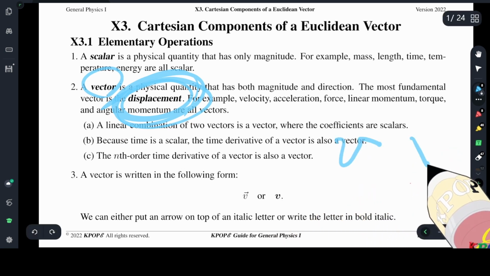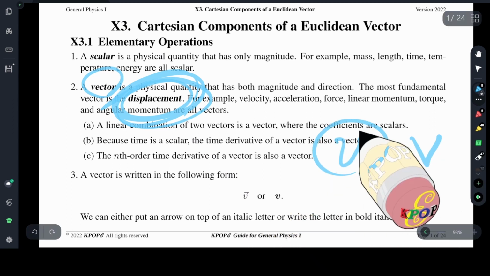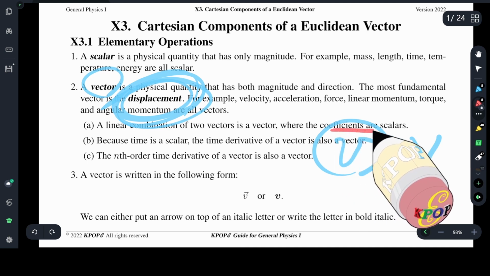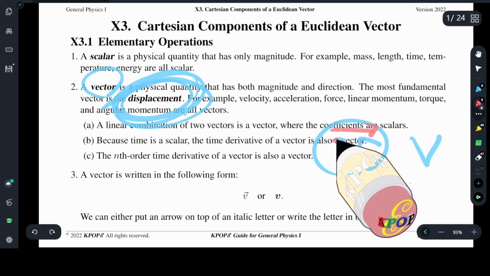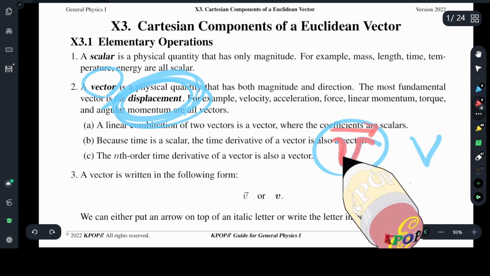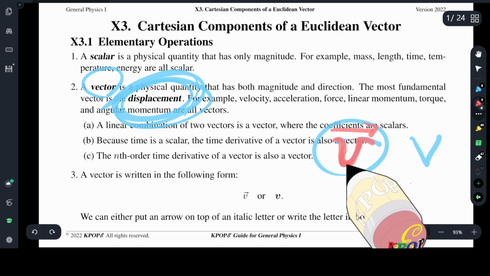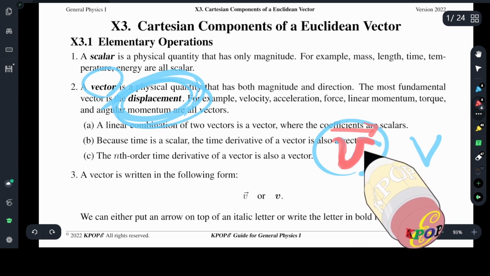It is not Roman, it is an italic letter, and sometimes we put an arrow on top of it, or make it bold-faced. A bold-faced italic letter represents a vector.